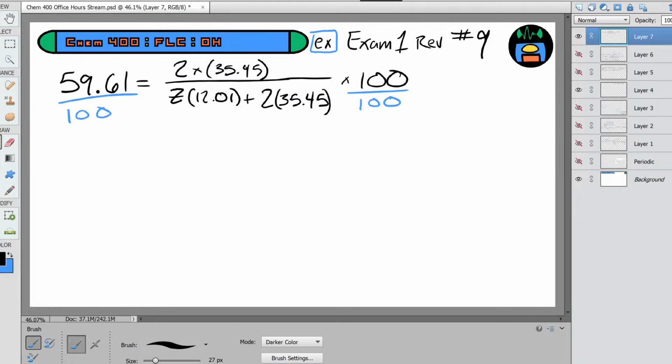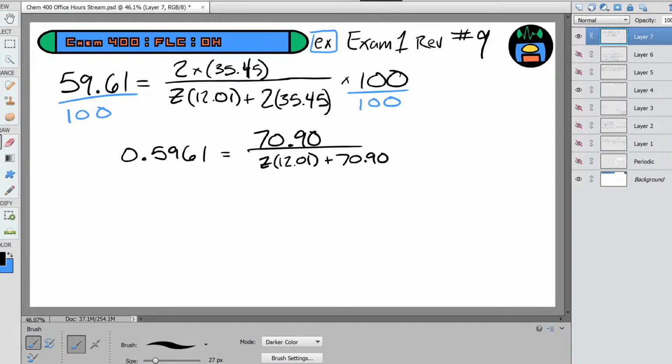That is going to give me 0.5961 is equal to 2 times 35.45. So that's just going to be 70.90. This is a 4, just to be explicit. Over Z times 12.01 plus 70.90.